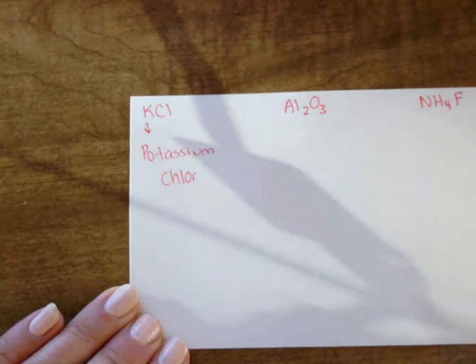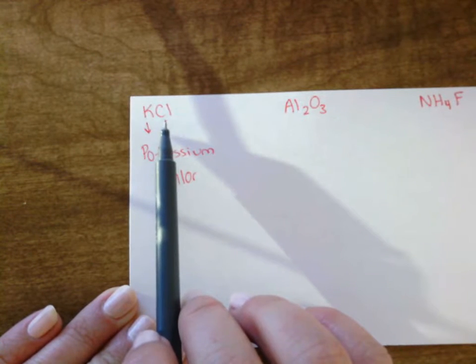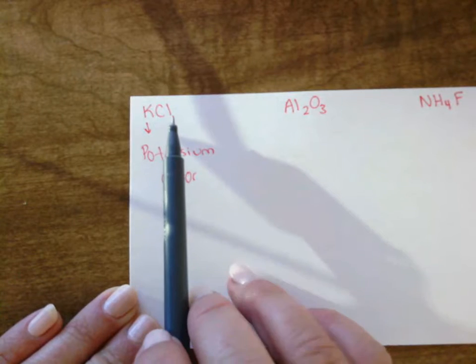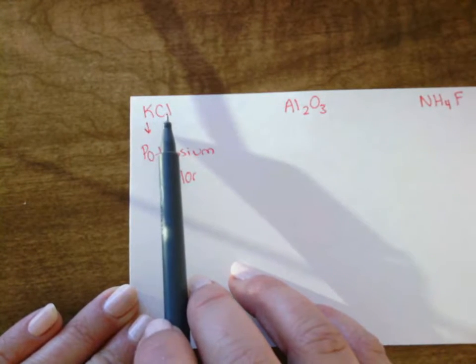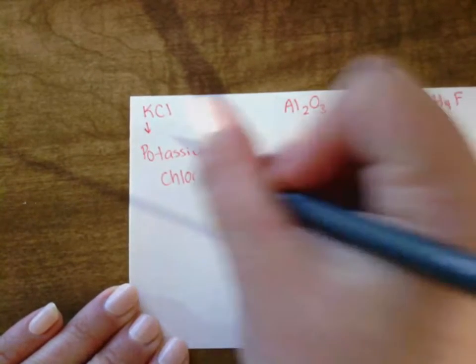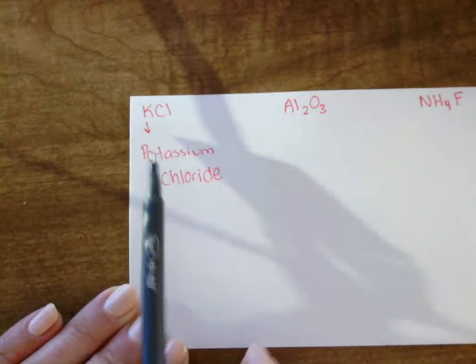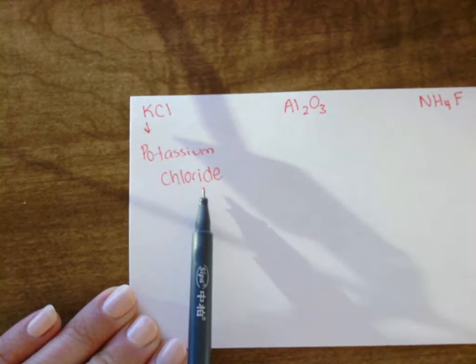But remember, my second atom, my anion, has a name change as long as it is a single atom. So in this case, because chlorine is not a polyatomic, it's a single atom, chlorine becomes chloride. So the name of this compound would be potassium chloride.